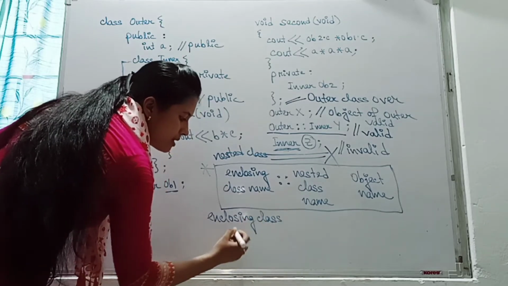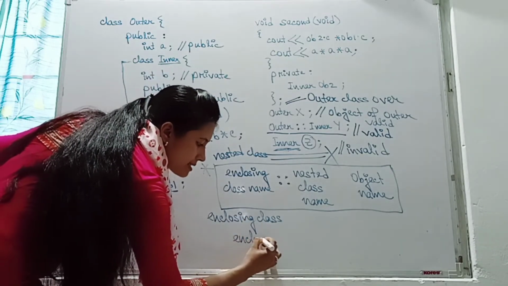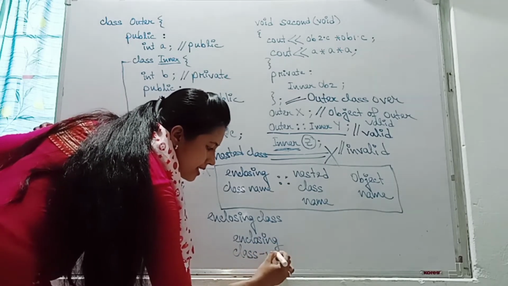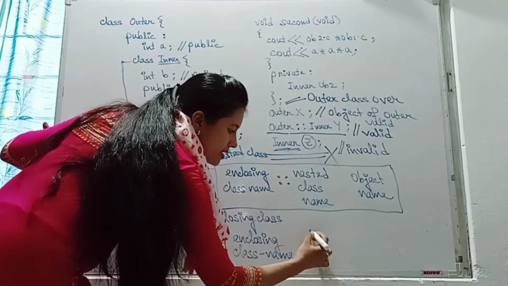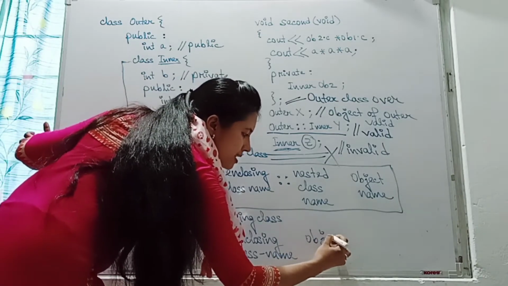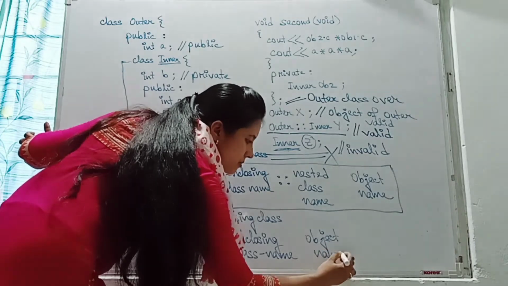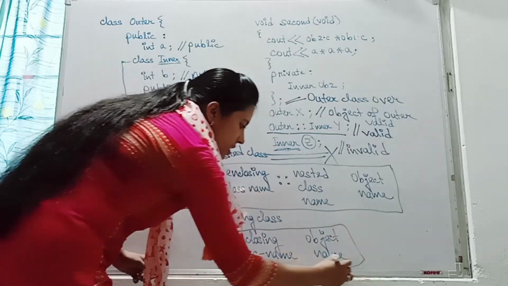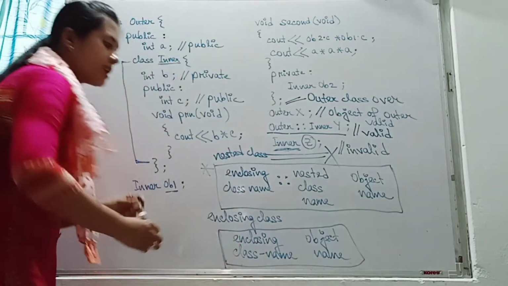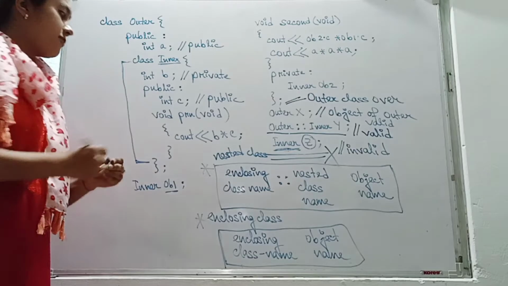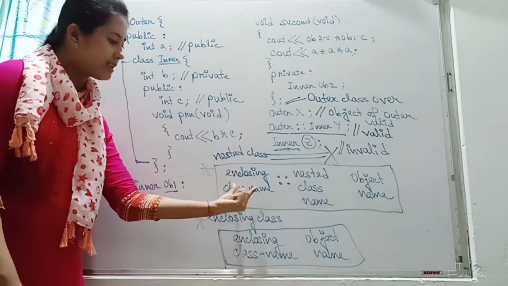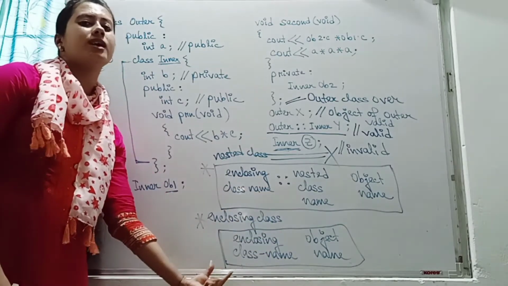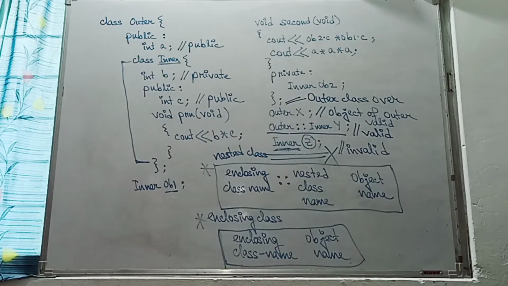For the enclosing class, you will simply write the enclosing class name, and then after a space, you will simply write the object name. Okay? So these are the two particular conditions that you have to remember. First one is how we will define the nested class object outside the class, and how we will define the enclosing class object outside the class. Okay.